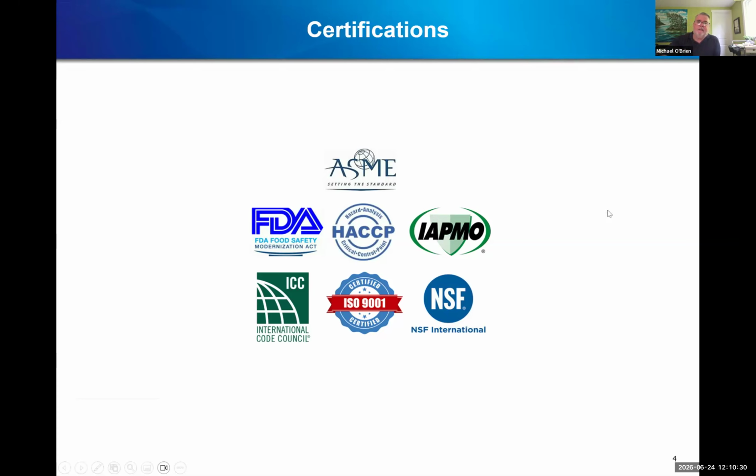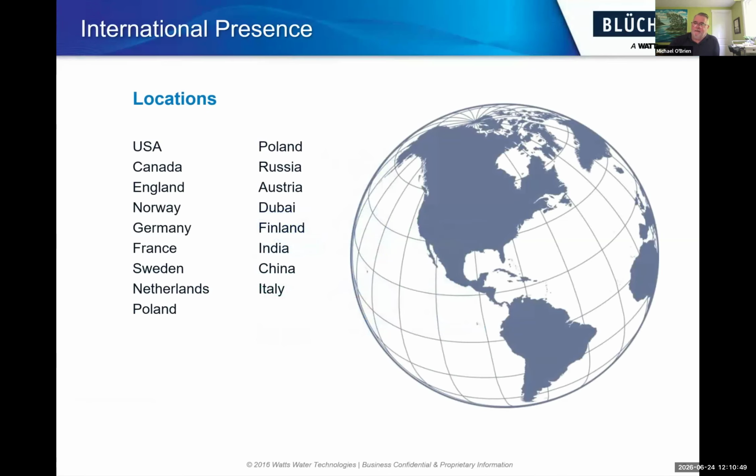So our NSF certification for our drainage products meets the requirements of food production facilities for meat and chicken processing. So it's a very clean, easy to clean product, which we'll get into in a little bit and why that's important.